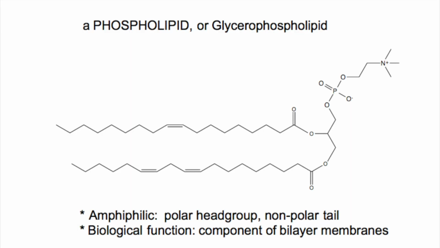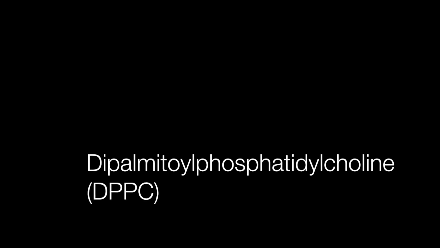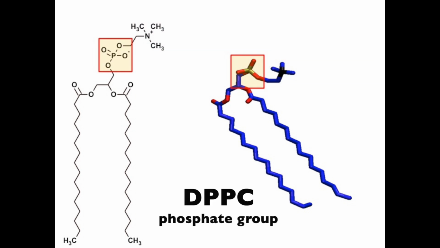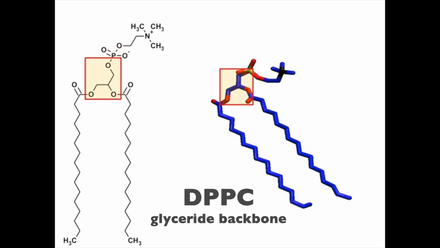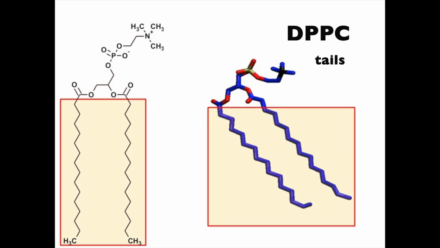Phospholipids are structurally related to triglycerides, but with one fatty acid replaced by a polar phosphate-containing group, in this case, a phosphocholine. DPPC shown here is an example of a saturated phospholipid. It has a positively charged choline group, a negatively charged phosphate group, the same glycerol backbone as the triglycerides, and two saturated tails.